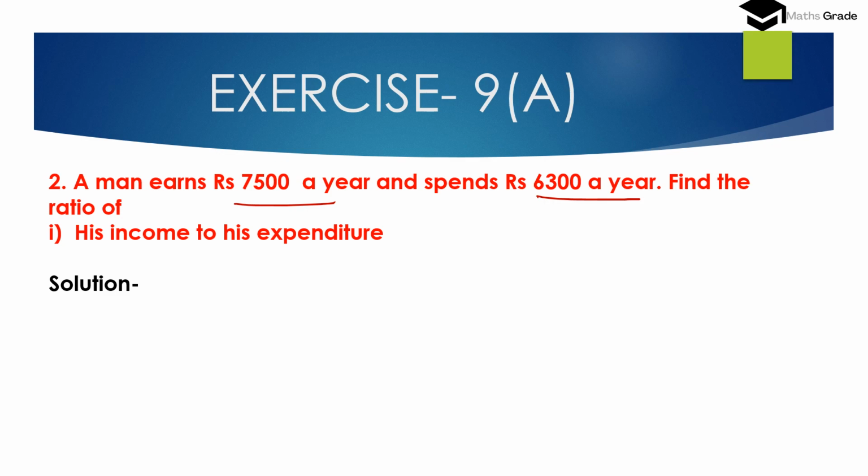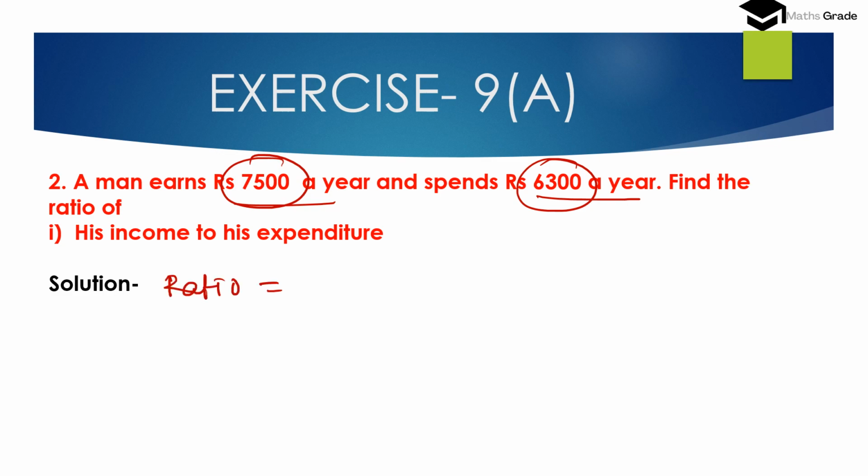Given his income is 7,500 rupees. A man earns 7,500 rupees in a year, so his income is 7,500 rupees and his expenditure is 6,300 rupees in a year. You have to find the ratio of his income to his expenditure.